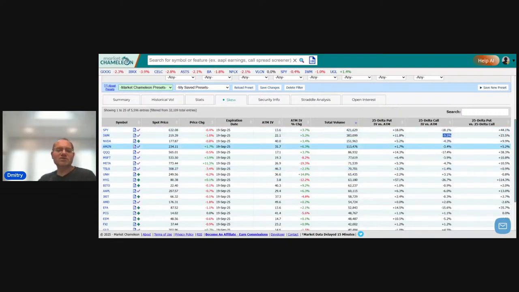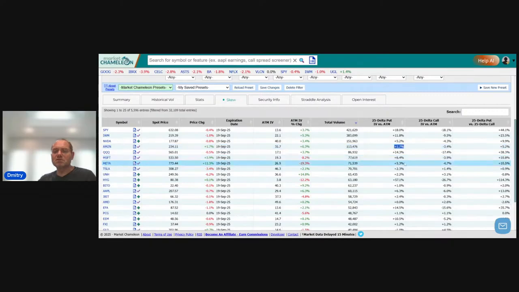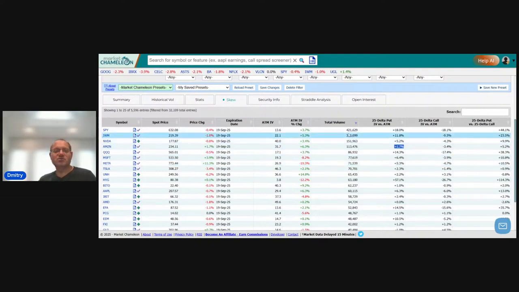Here, like for example, Amazon, it doesn't have such a large downside skew, right? It's almost flat, a 2% increase relative to SPY at 18%. And to the upside, there's only a 3.4% decrease in implied volatility relative to SPY at 18%. So Amazon looks like a much flatter skew.